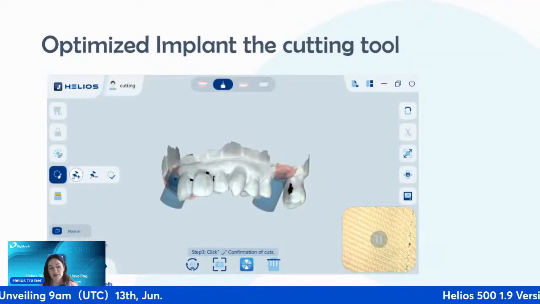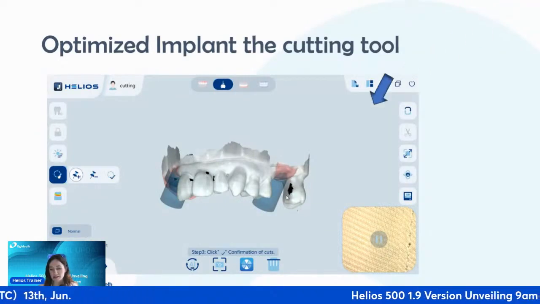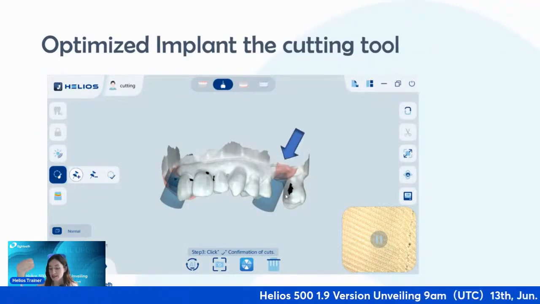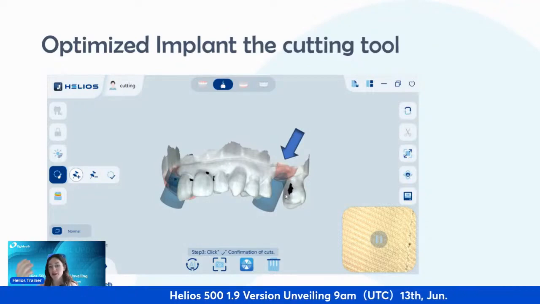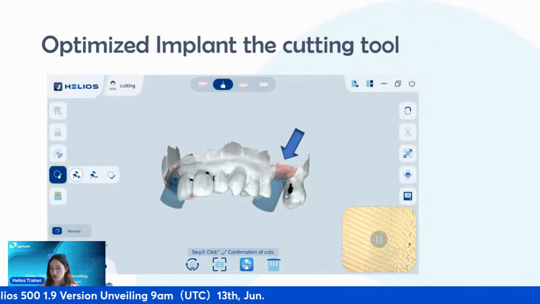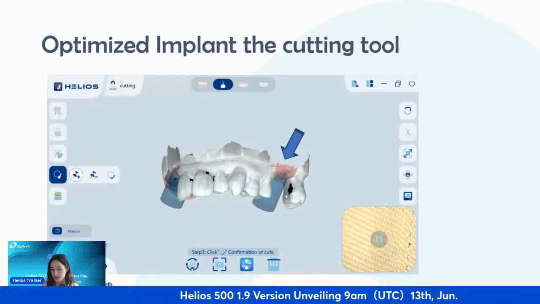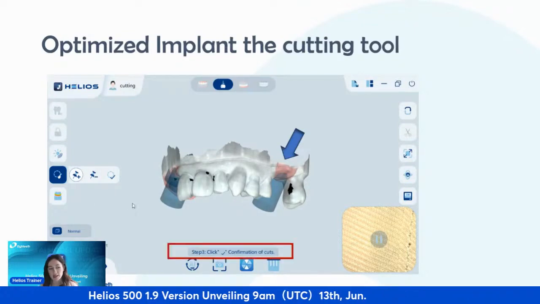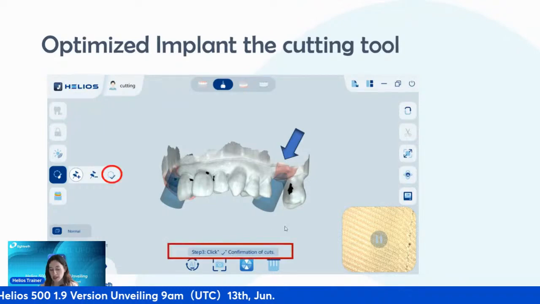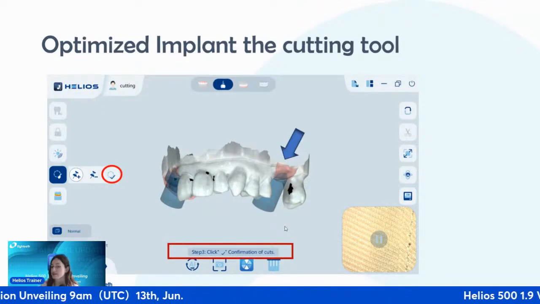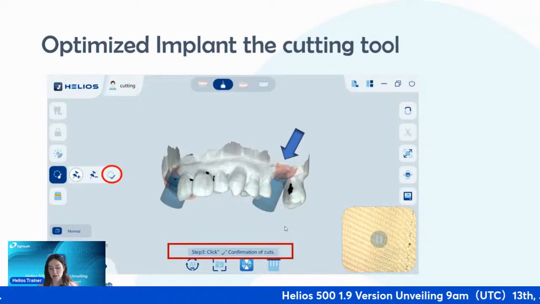And when you select the scan body area, you are going to see a new option, which is a cylinder. Before it was a circle, creating a circle hole, but now, depending on the model position and implant analog position, you will see a cylinder. When you click the confirmation option, it will delete that area, and you will be able to freely scan your scan bodies.